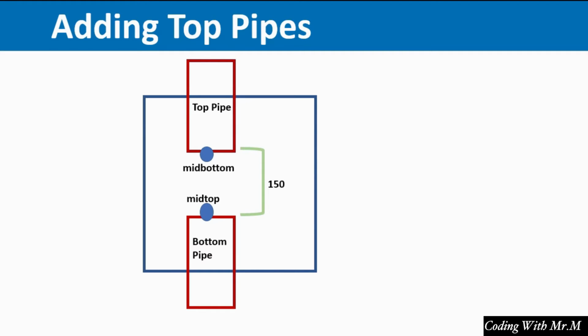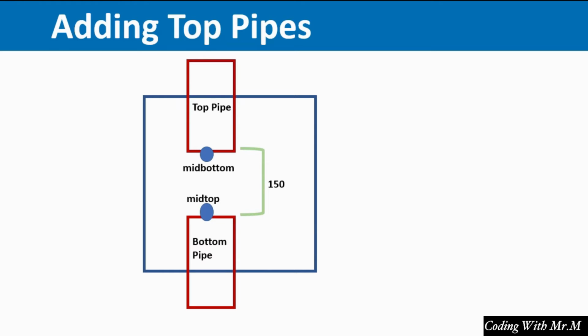So I'm going to add a top pipe that will be spawning from the top. And we're going to also change the position of the top pipe. So at the moment, the bottom pipe is positioned in the mid-top position. So the top pipe is going to be positioned in the mid-bottom half.